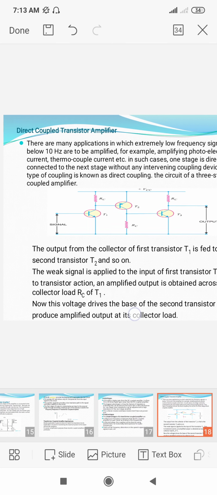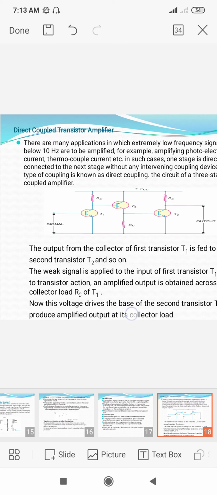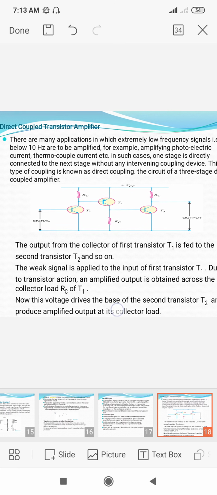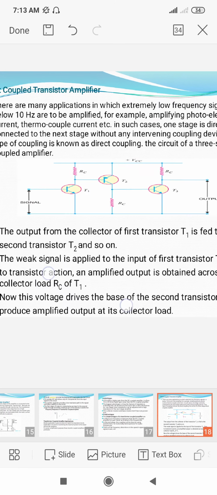Next, direct coupled transistor amplifiers. The coupling is directly from transistor to transistor.